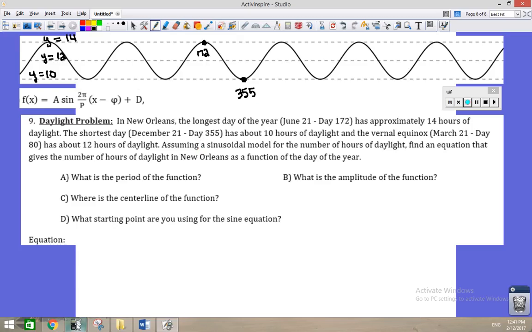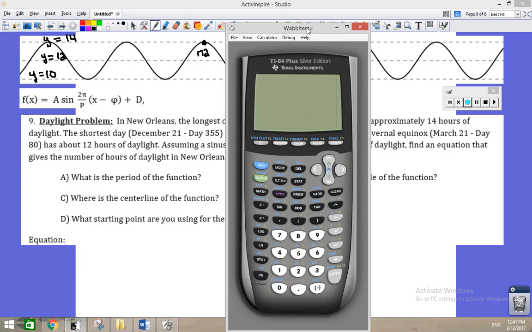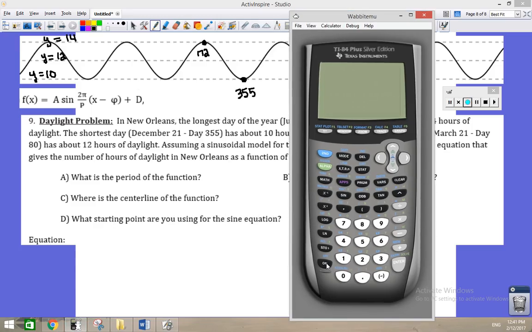Alright, so if that's half of my period, what's that difference? What's 355 minus 172? 183, and half of that, 91.5. So there's a fourth of my period.